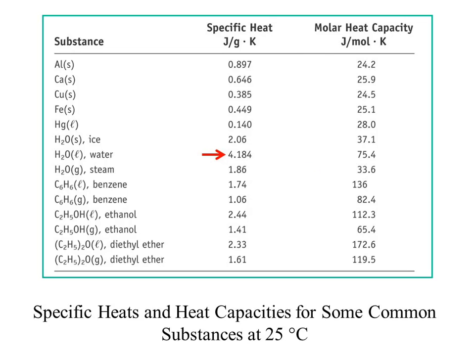It's hard to see the last column, but the last column is the specific heat of those same things, not per gram, but per mole of that substance. That could be helpful.